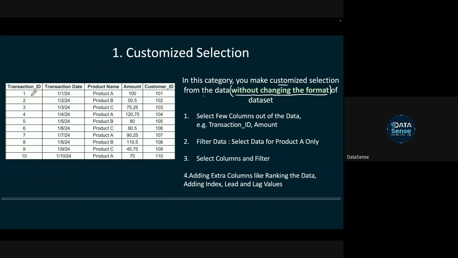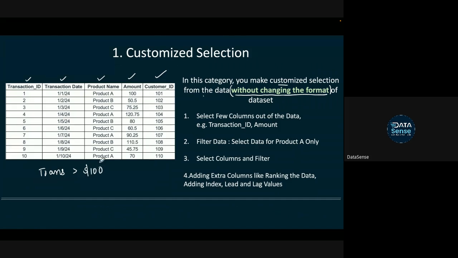If you see this particular table, it has transaction ID, transaction date, product name, amount, and customer ID. Let's say I ask you: tell me transactions which are greater than $100. What will be the SQL query for this?